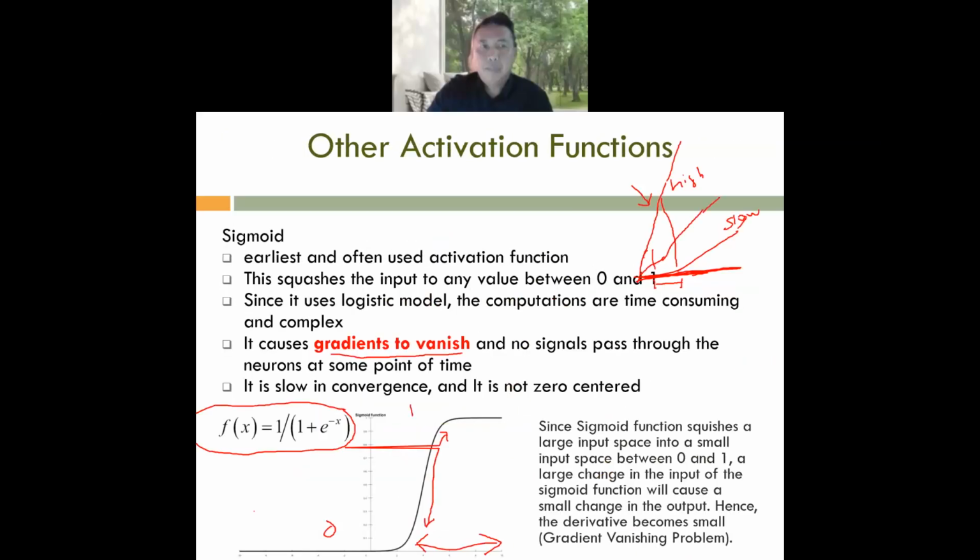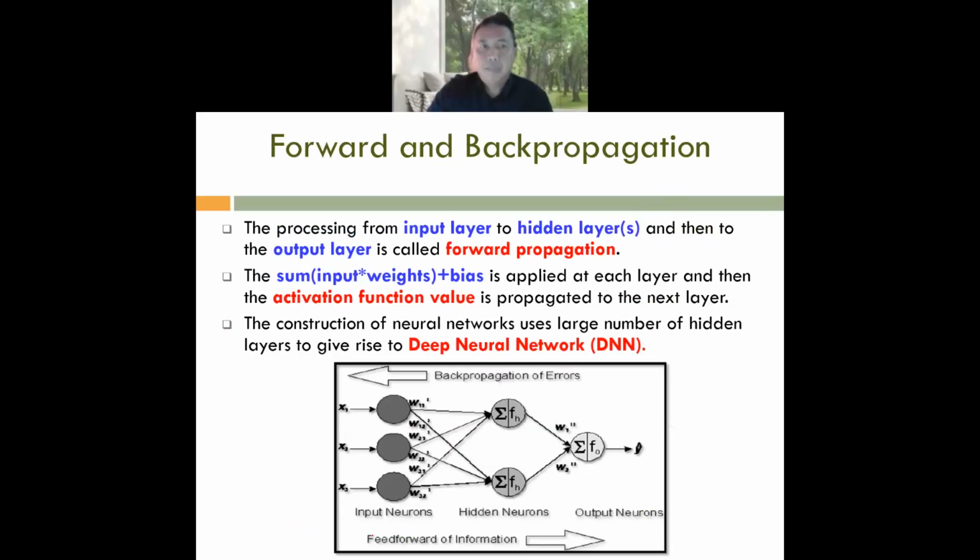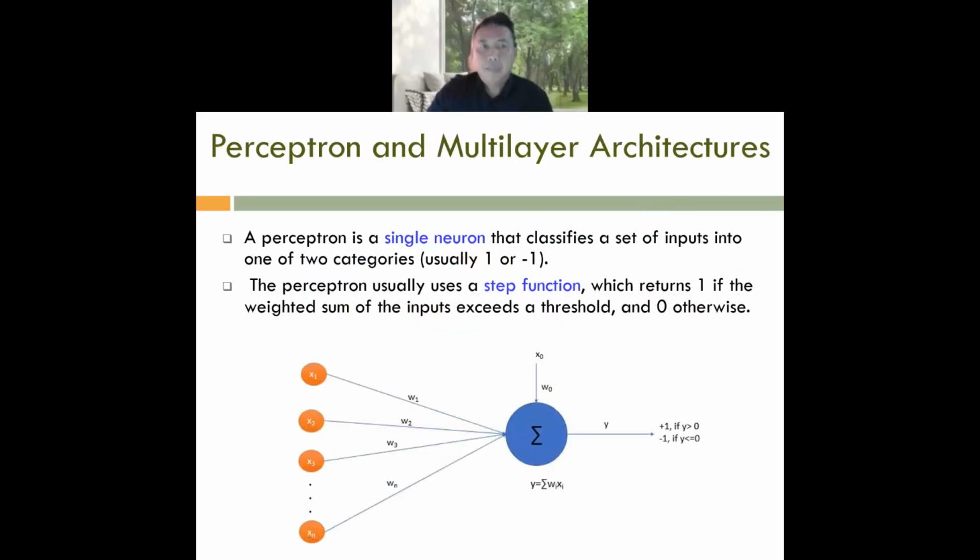So if we look at the unit step function, it will only produce 1 if your value is 0 or above. If the input is less than 0, it will be 0. So that is the basic architecture of the perceptron. In the next lecture, we will study more on the perceptron.